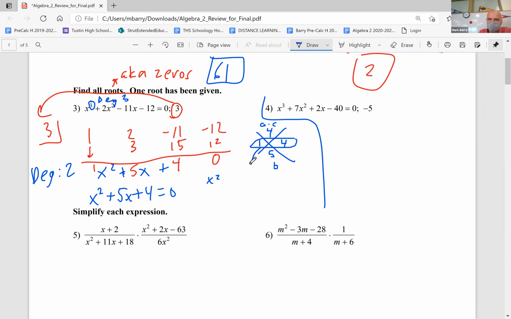So that becomes plus 1x plus 4x, and then I keep the plus 4. Okay. So it's the same thing I had over here. I got x squared to start. I just split up the 5x into plus 1x and plus 4x, and that was according to this thing up here. And then I put the plus 4 back, okay?